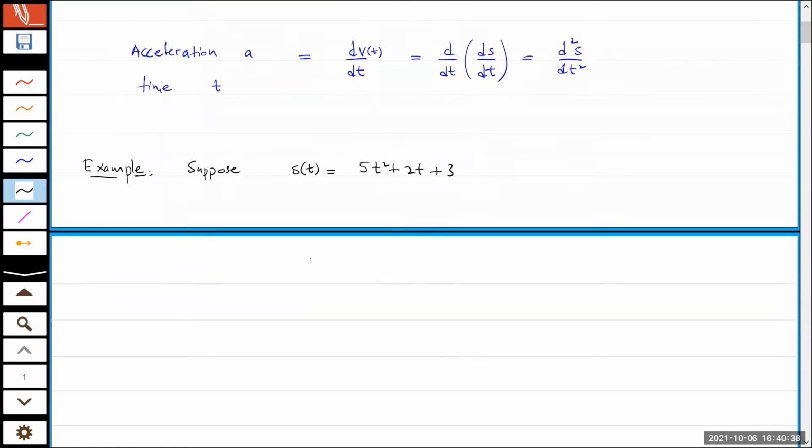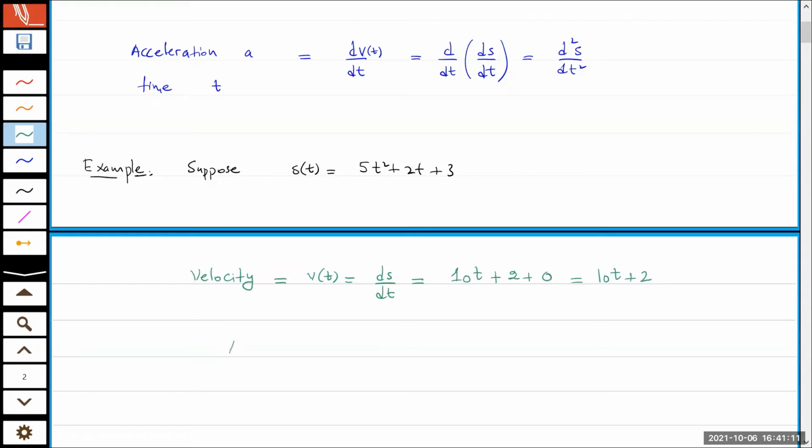Then using these definitions, I can write that the velocity equals, by definition, the notation is v of t, it's ds/dt. I will take the derivative term by term. The derivative of 5t squared is 10t. The derivative of 2t is 2, and the derivative of 3 is 0. So in the end, it's 10t plus 2.